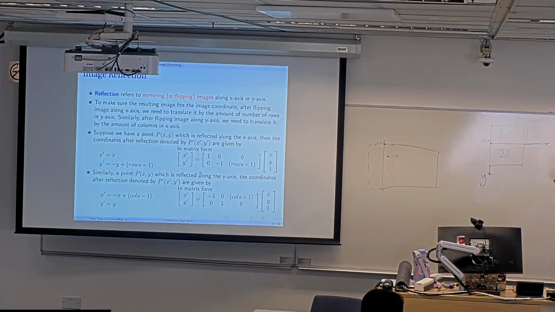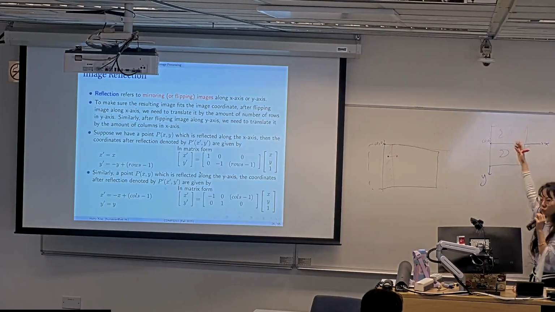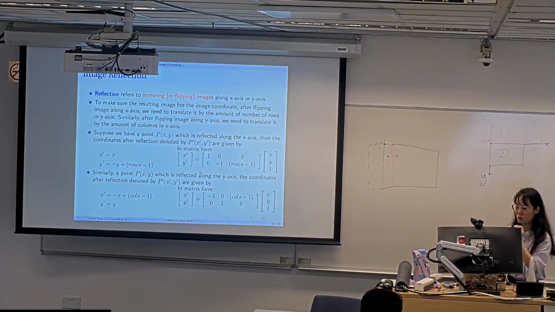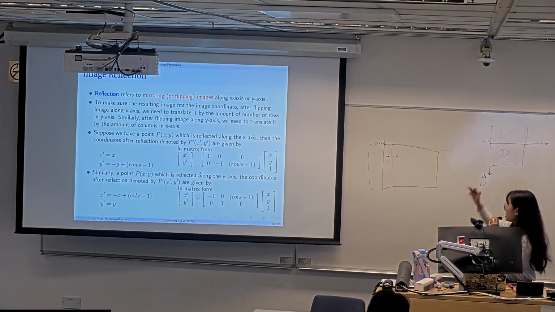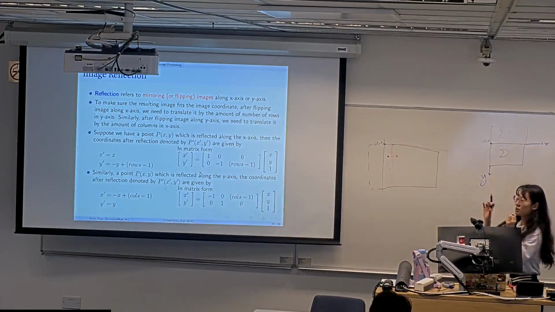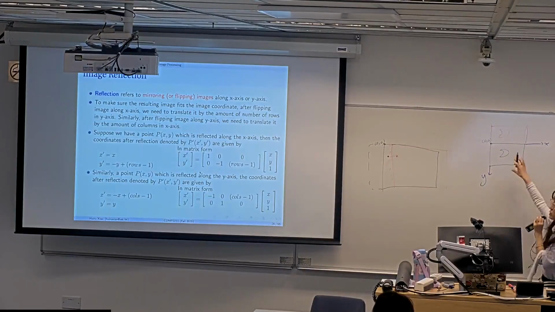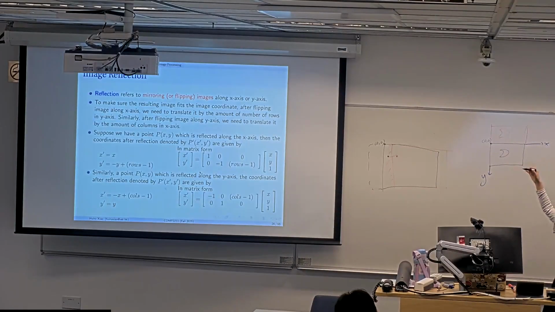But note that if you just put the image there, it's not legal, because now the y coordinate is negative. Because the original point is always here, at the top left corner of the old image. So after reflection, you put it into some negative part of the y-axis, then you have to do some translation to move it downward.